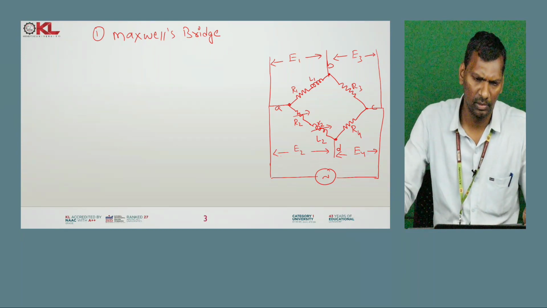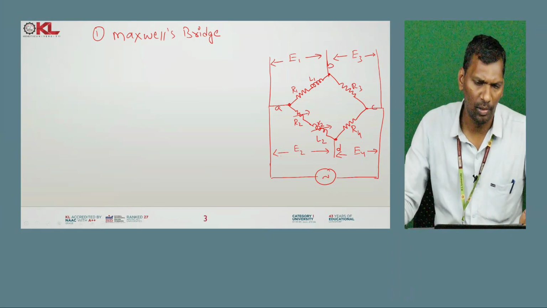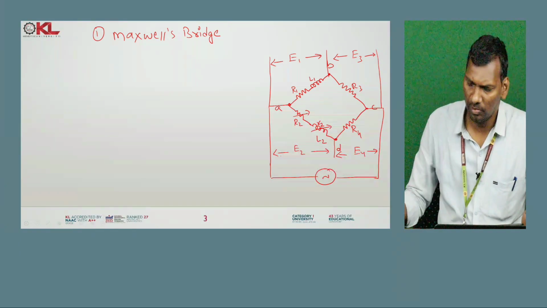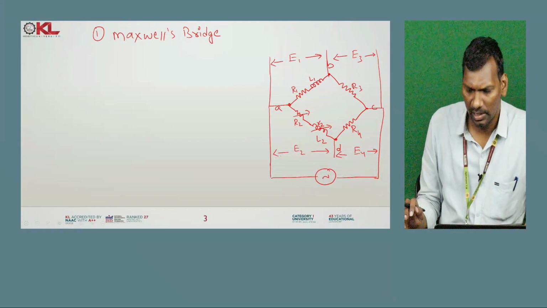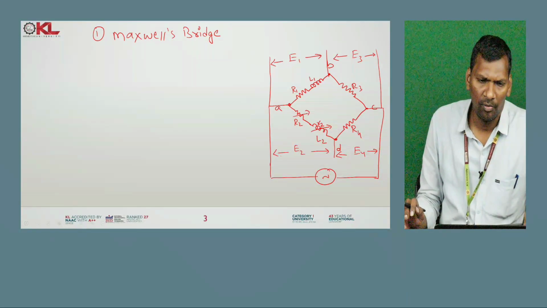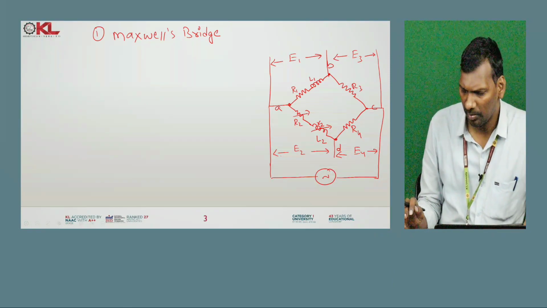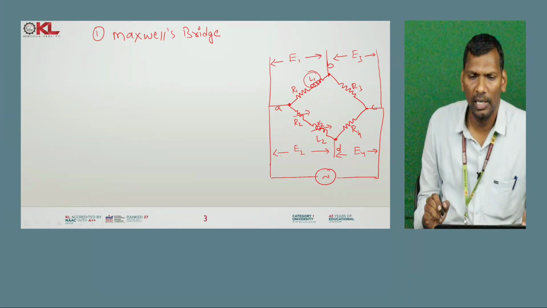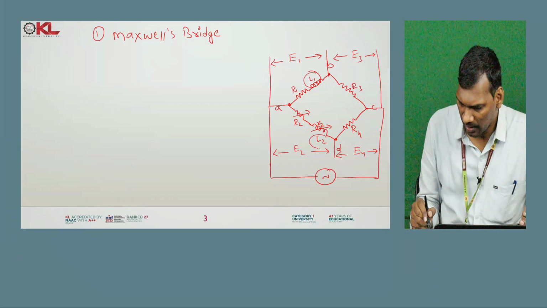Now see here, L1 and R1 are the unknown values, and L2 is a standard value, which is used for comparing with the unknown resistor, unknown inductance. So in this method, the unknown inductance is measured by comparing with a standard inductance L2.